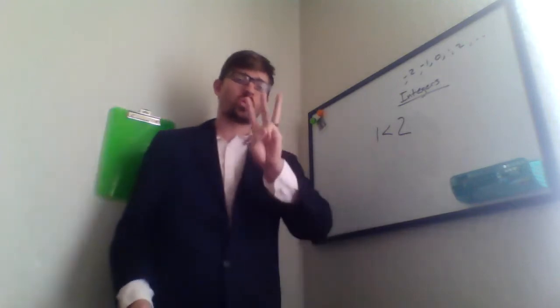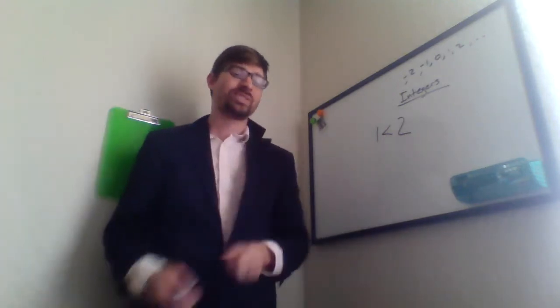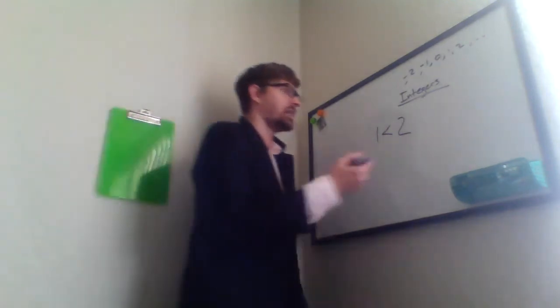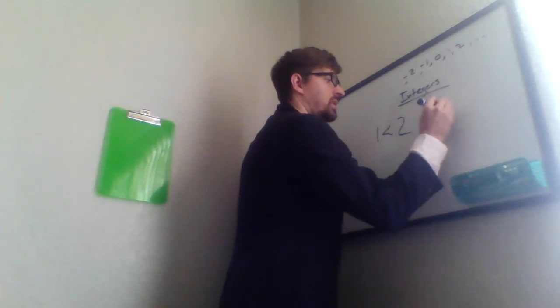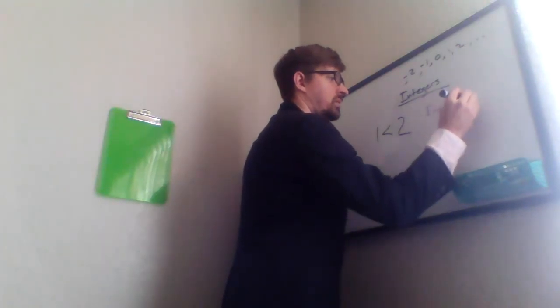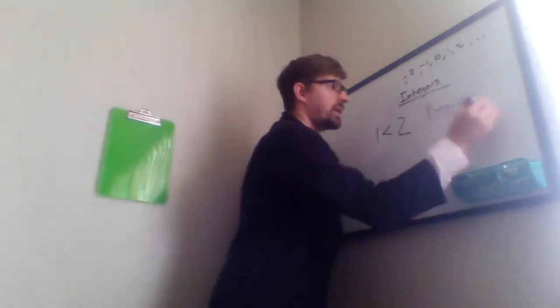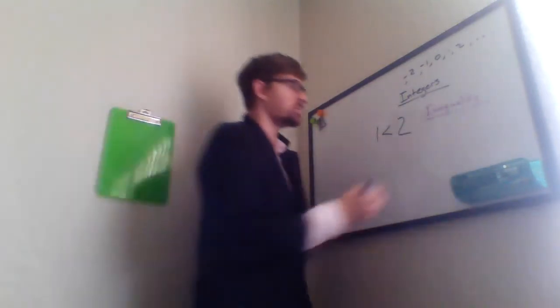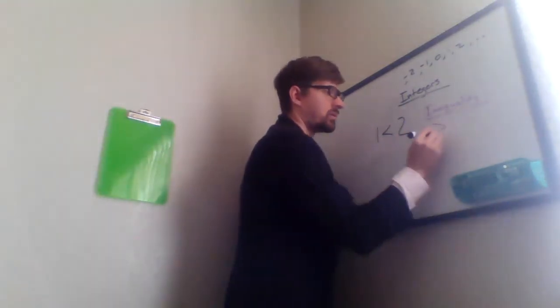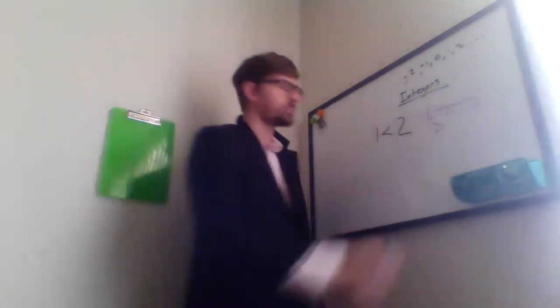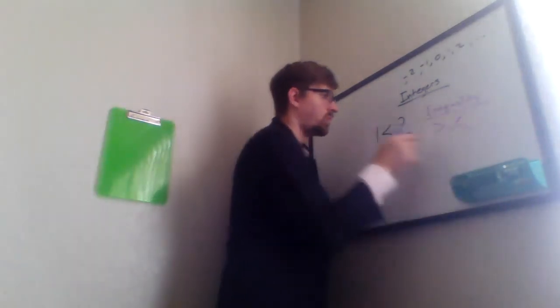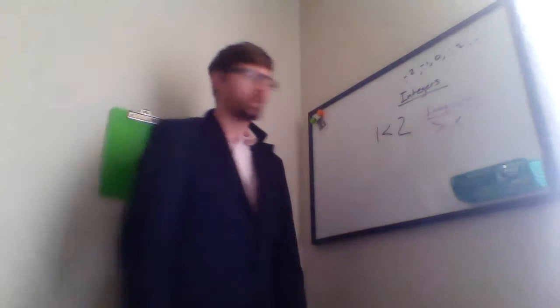Now, there's 3 of those relation symbols that are known as parts of the inequality. Okay? So, the inequalities are as follows. They are that direction, the one that's listed right here, okay?